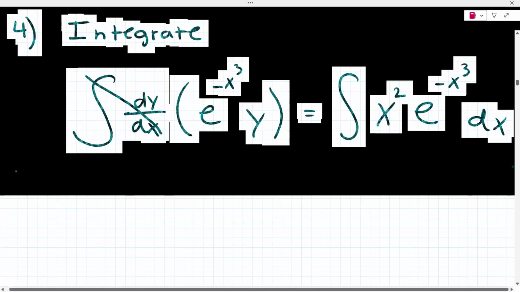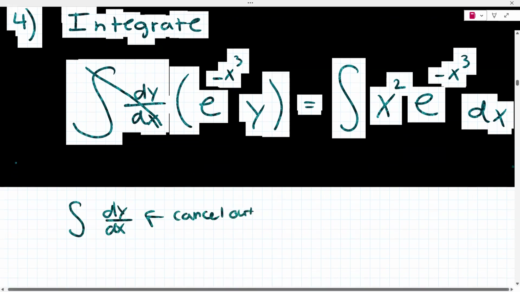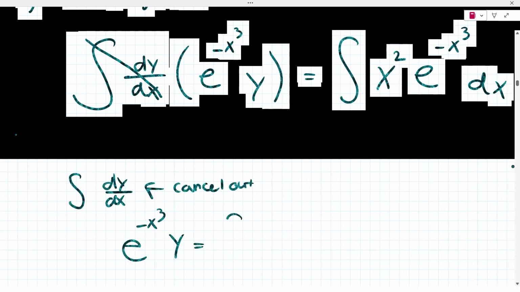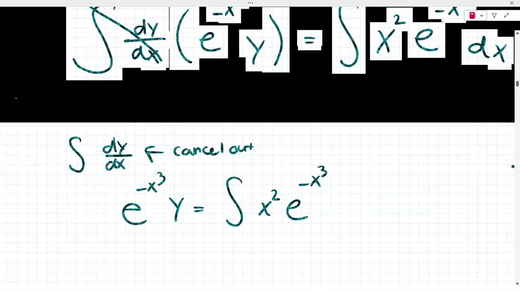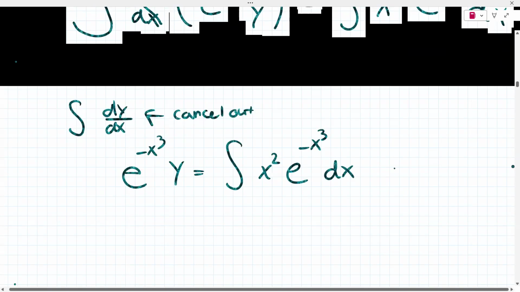So now you're just left with e to the negative x cubed y equals the integration of x squared e to the negative x cubed dx. And now we're going to use substitution.